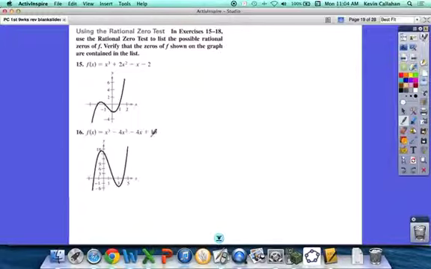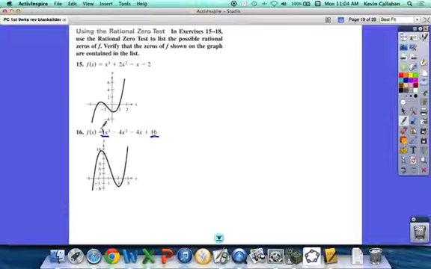Yeah, it would be the factors of 16 divided by the factors of the leading coefficient. And in these problems here, the leading coefficient was always 1. But I believe in the problem, there was also some aspect of looking at a graph and telling which are the actual zeros. That's why I put these two on.